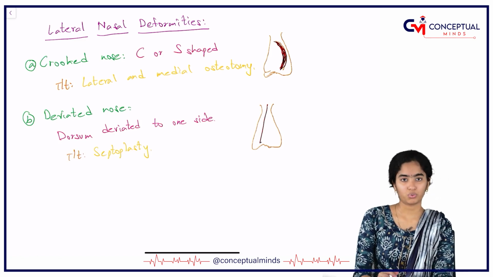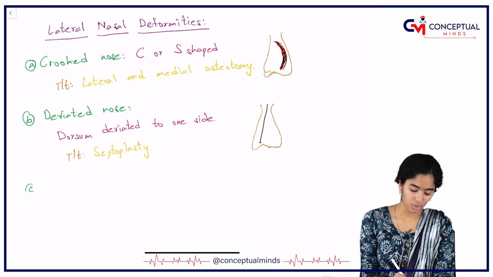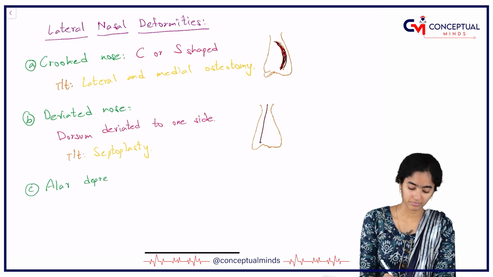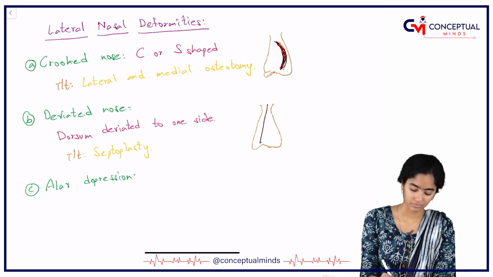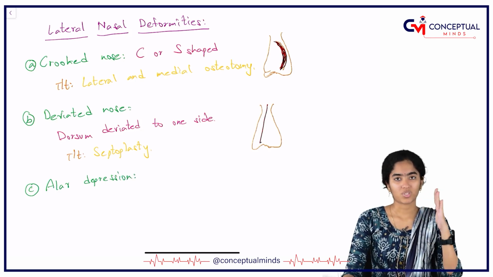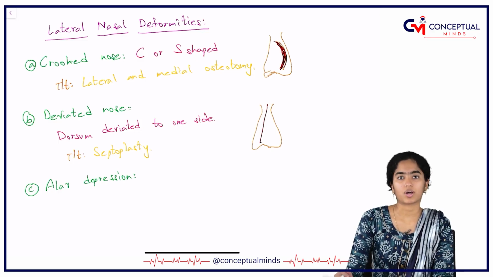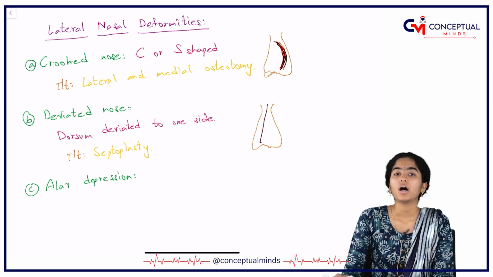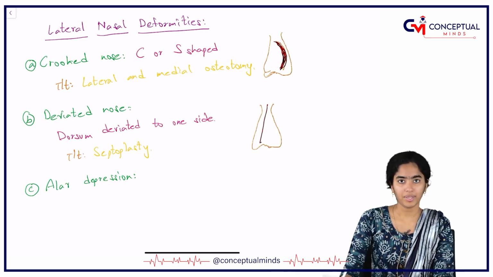Apart from these two, there is another condition called alar depression. The alae of the nose are depressed. That also comes under lateral nasal deformity, and for that also, in case it is causing a functional problem, a reconstructive surgery can be performed.